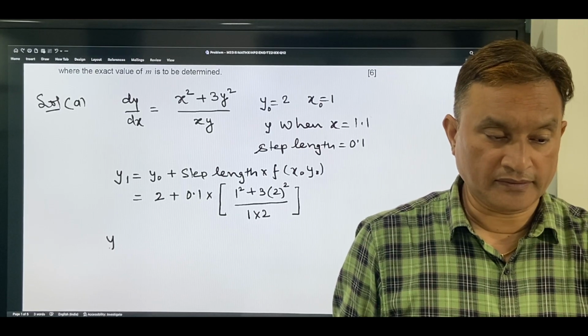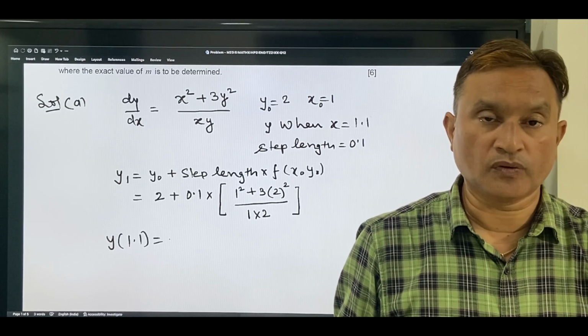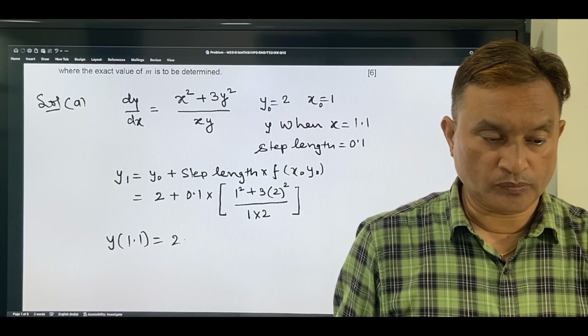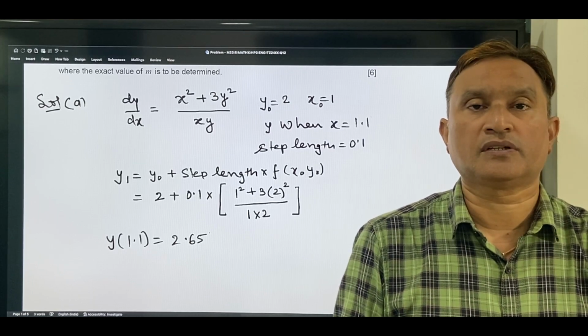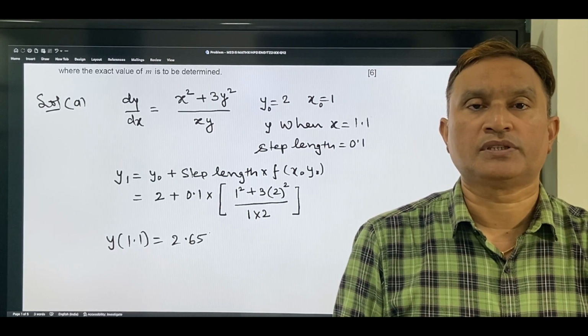So we can write y at 1.1 equals 2.65. So this is the solution of A part. Now we will proceed to B part.